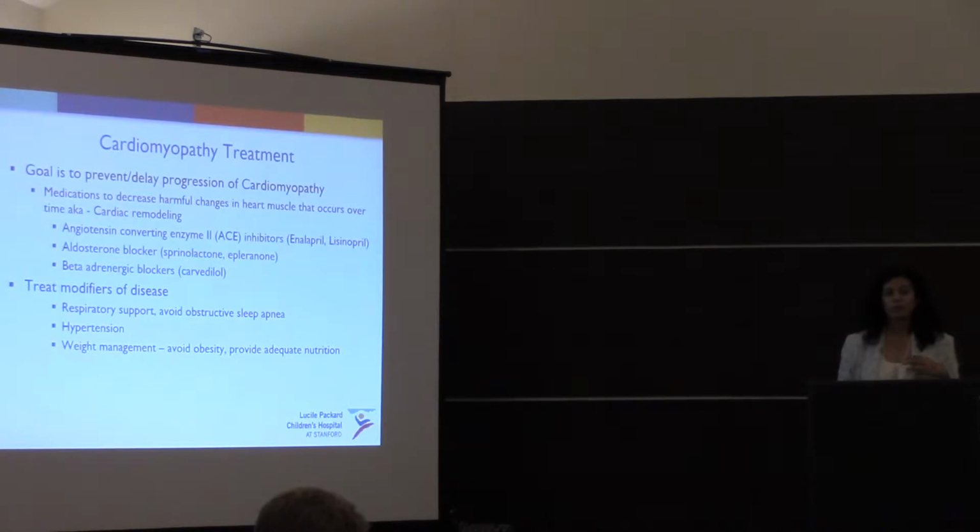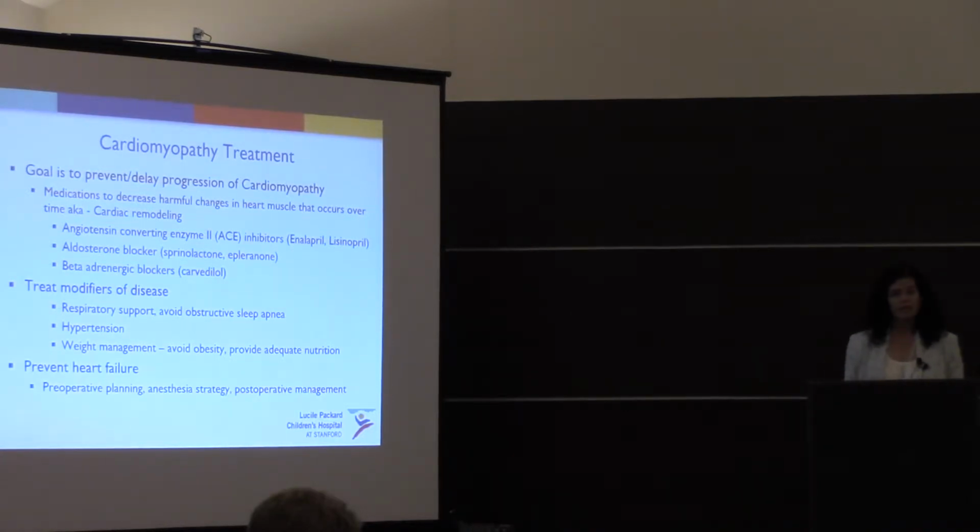I'm really referring to respiratory status, avoiding obstructive sleep apnea, supporting respirations efficiently, preventing hypertension, which in some can be a problem if you're on chronic steroid therapy, and weight management. We've spoken about the effects of weight gain when you're on chronic steroids, but there are also many children who struggle with maintaining their state of nutrition, and malnutrition can have as many adverse effects on cardiac function.